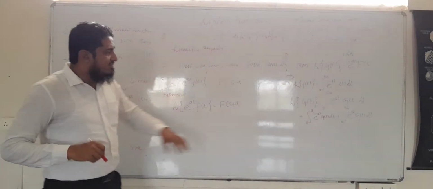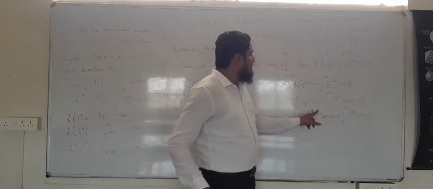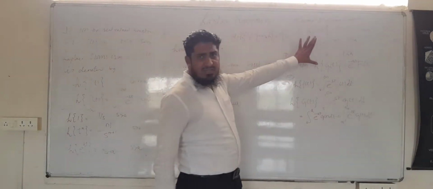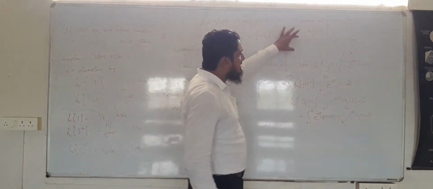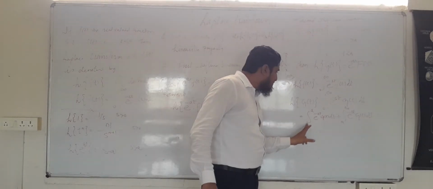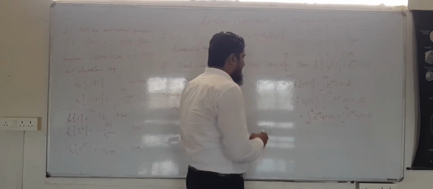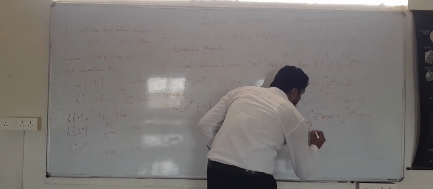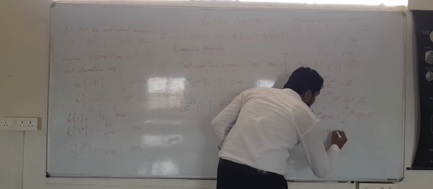Now, in the first interval, integration from 0 to a, the value of g of t is 0, as given in the statement of the second shifting theorem: g of t equals 0 whenever t is less than a, and t varies from 0 to a. So we can put integration from 0 to a of e raised to minus st into 0 dt.